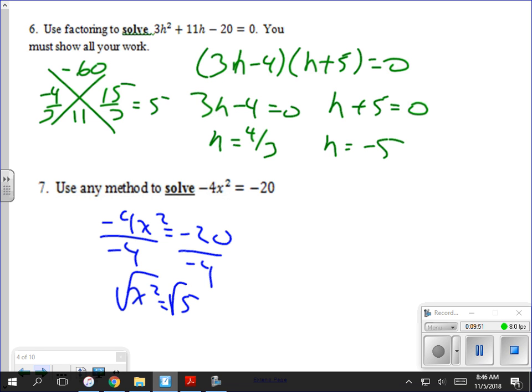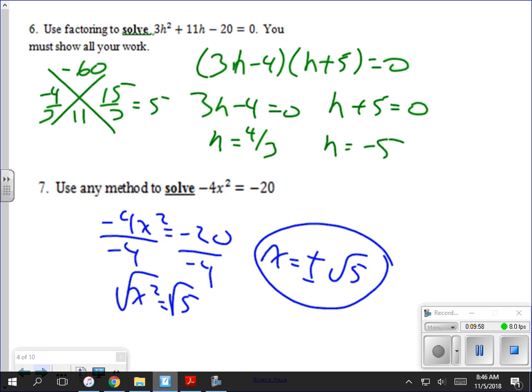Square root both sides. x equals plus or minus the square root of 5. If you do not have the plus or minus, it will be incorrect. Whenever you use a square root to solve, you must include both possibilities, the plus and the minus. Questions?